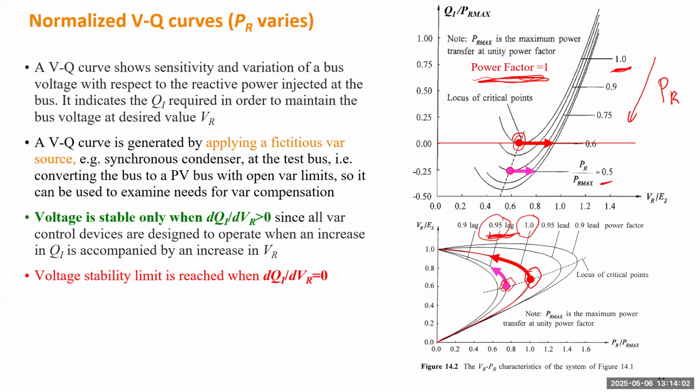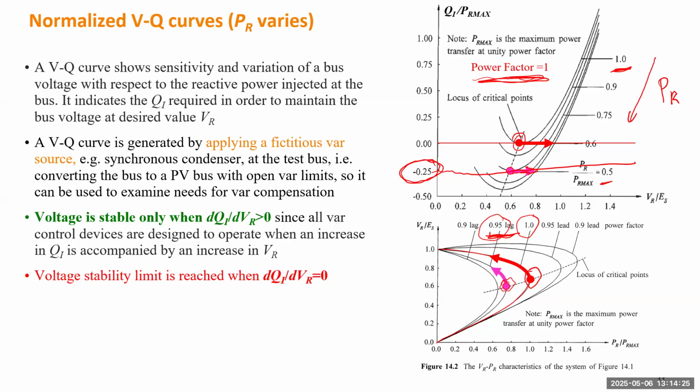If you do the calculation, that additional reactive load is about 0.25 per unit. So draw a line, and it will indicate the operating condition moving along this negative 0.25 per unit reactive power condition.